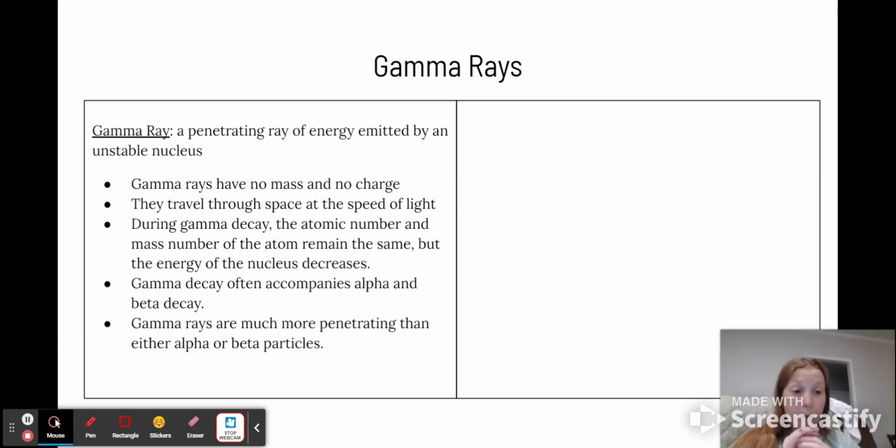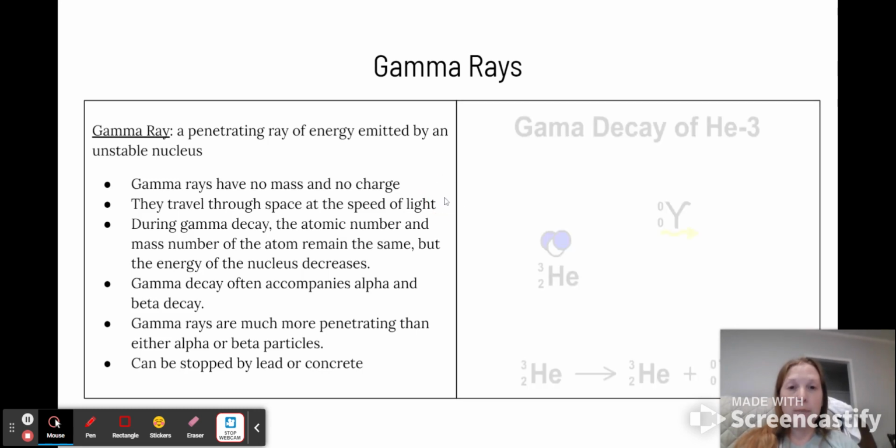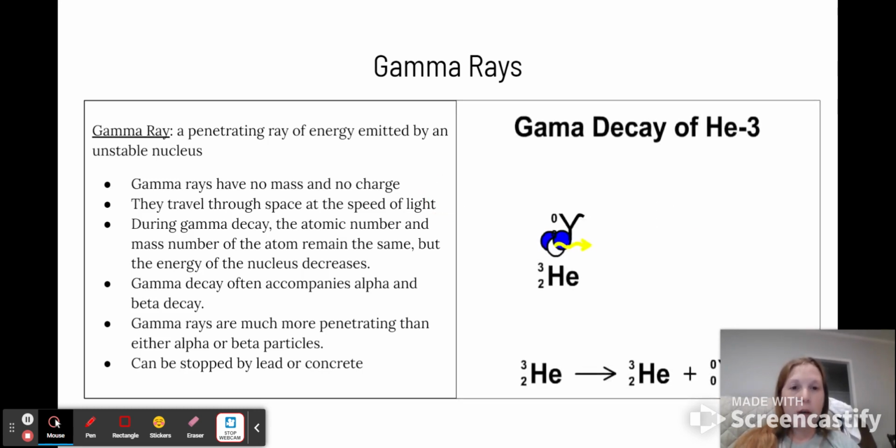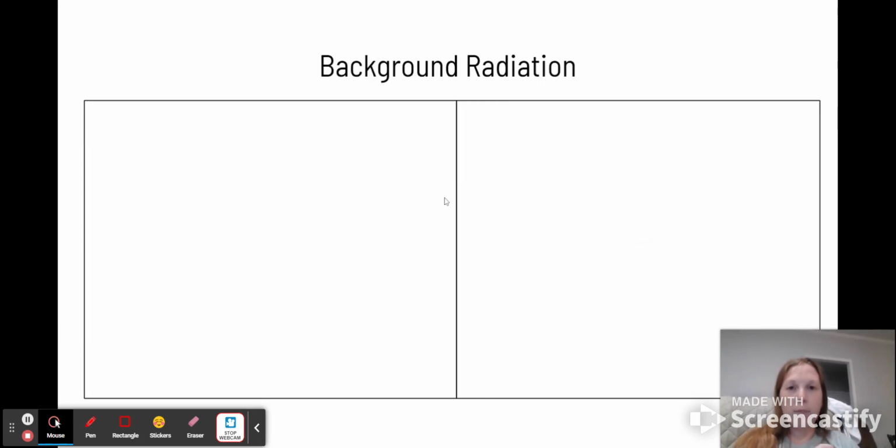It's pure energy, so they have much more penetrating power, which is why they can only be slowed down really by lead and concrete. Pretty sure it's 6 feet of lead and 10 feet of concrete that can slow gamma down. It still doesn't even stop it completely. So here is what gamma radiation looks like, and that's the symbol for gamma radiation.